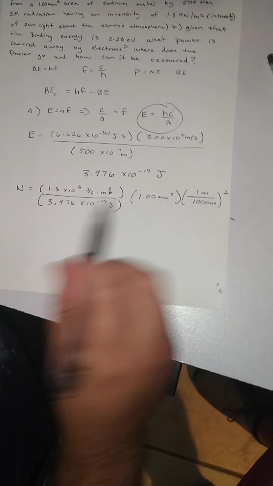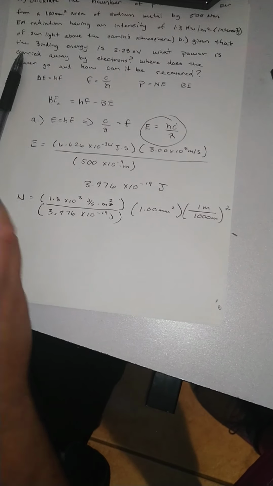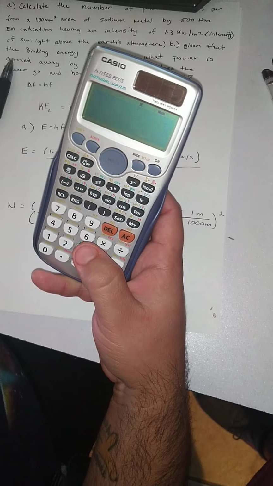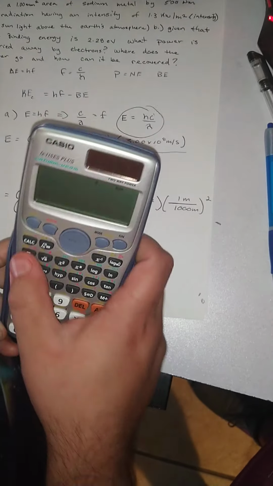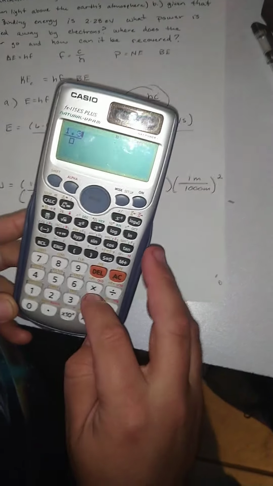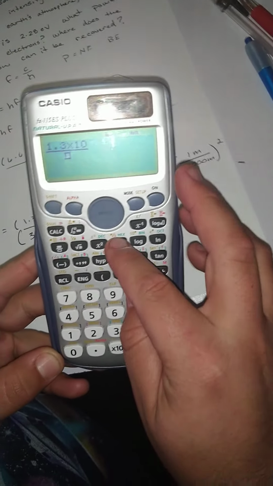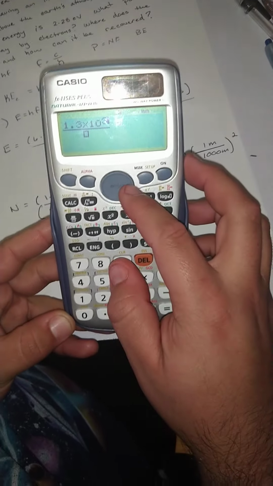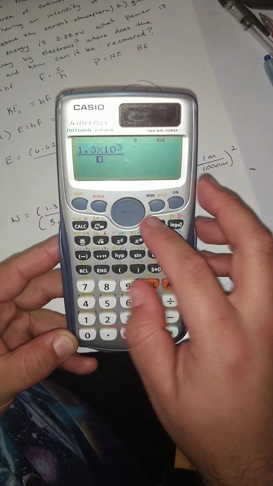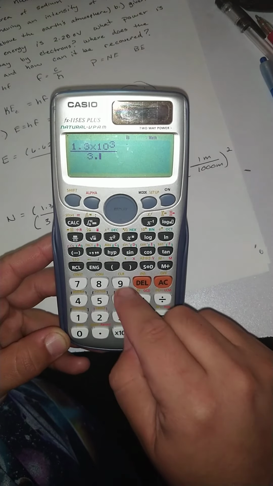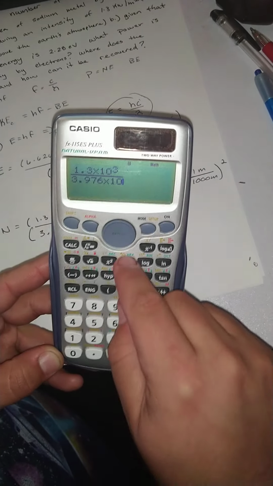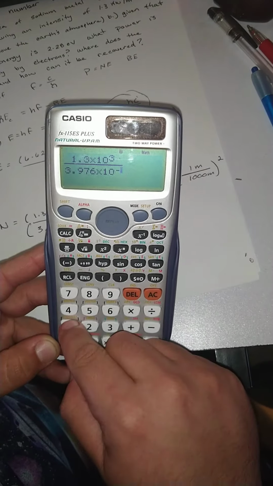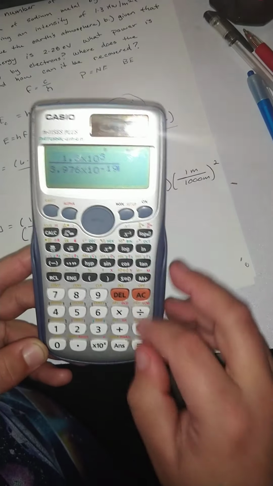Okay, let me plug this into the calculator. What did we say it was? It was 1.3 times 10 to the third over 3.976 times 10 to the negative 19.